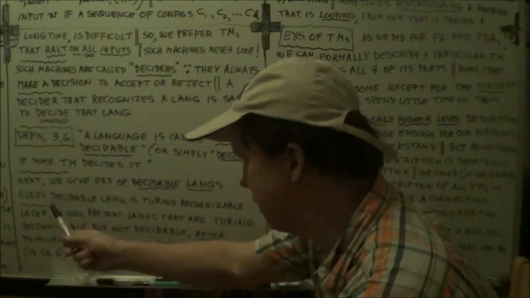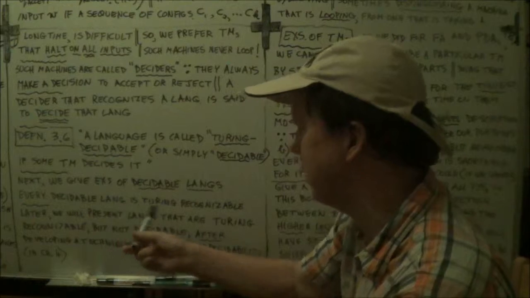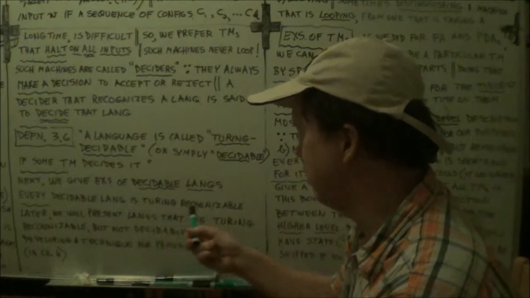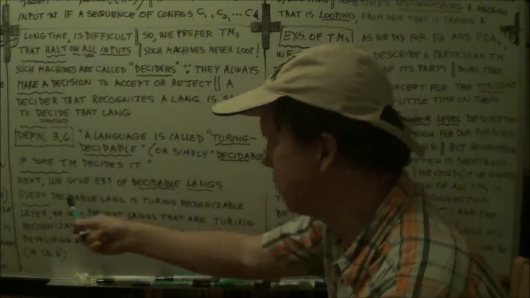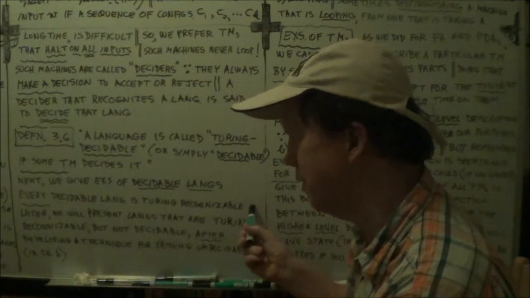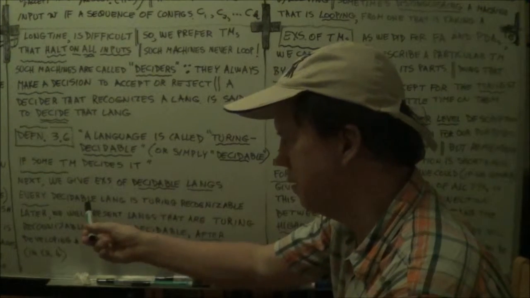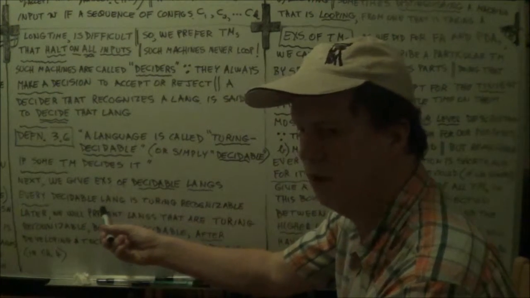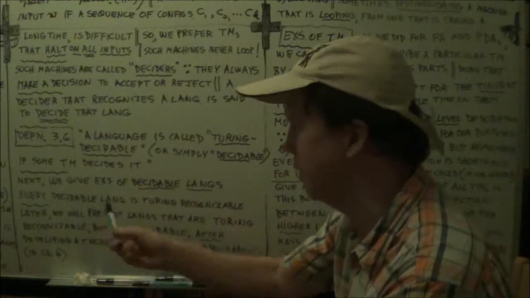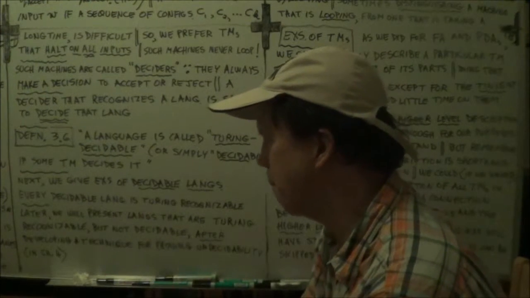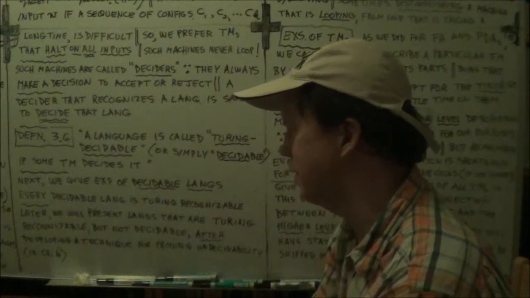Now he states here, every decidable language is Turing recognizable. Is that supposed to be blindingly obvious, or is it an interesting fact that's being thrown at us that maybe later we will see is true?